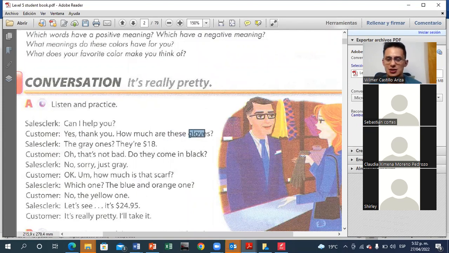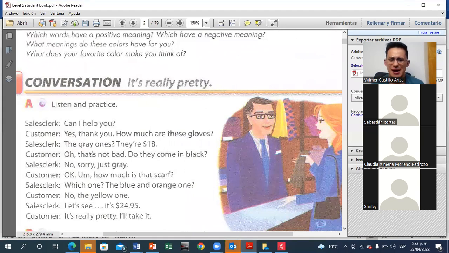Bueno, gloves son guantes. ¿Cuánto valen esos guantes? The gray ones, estos de gray ones, ahorita también lo veremos, es ones. ¿Qué quiere decir? Los grises. The gray ones, they are, well, $18. Valen $18.